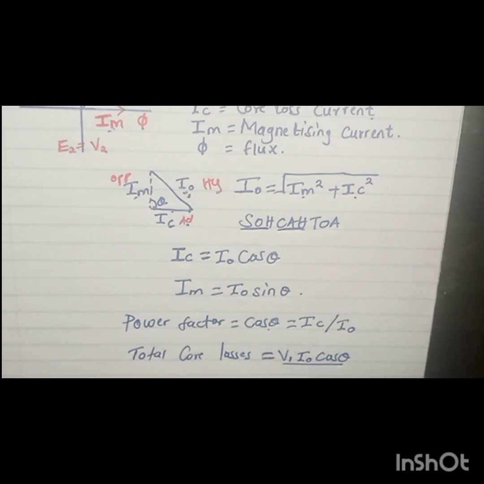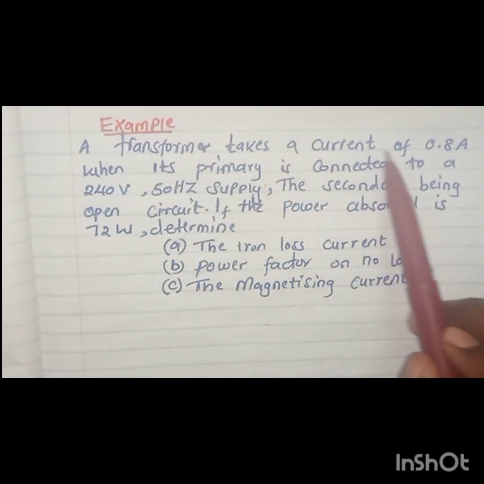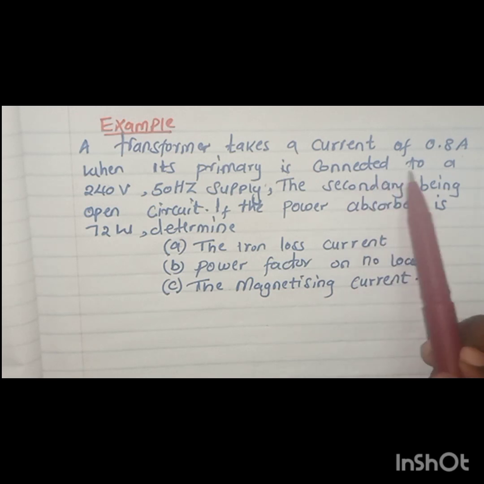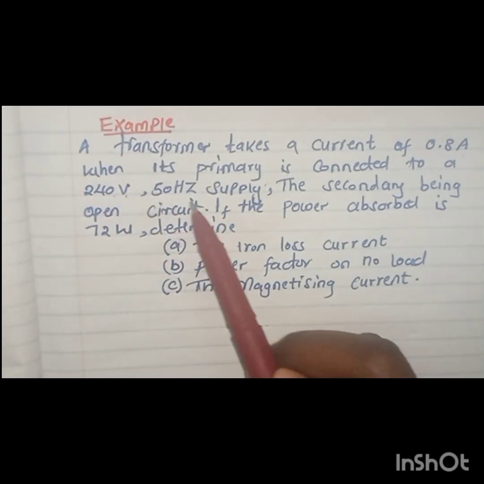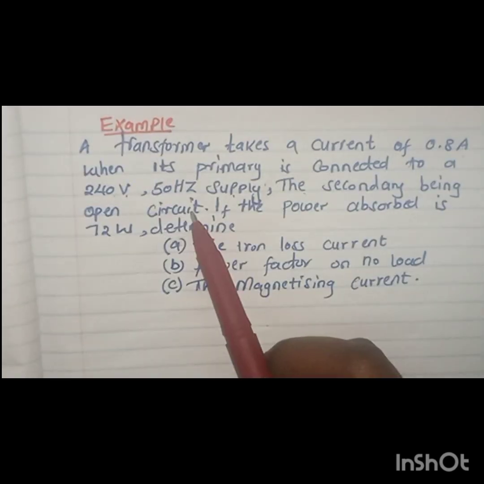So let us look at an example here. A transformer takes a current of 0.8 amperes when its primary is connected to a 240V 50 hertz supply, the secondary being open circuit.